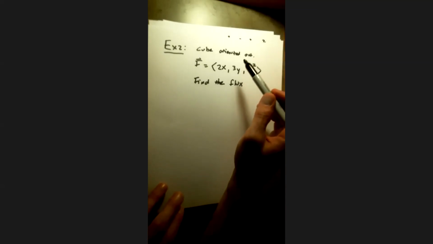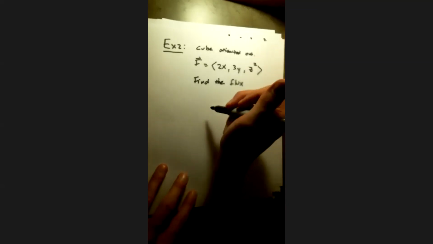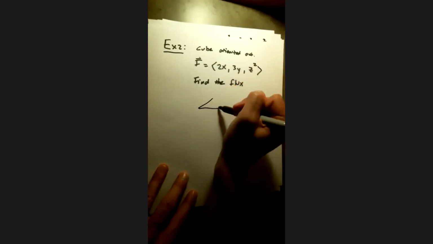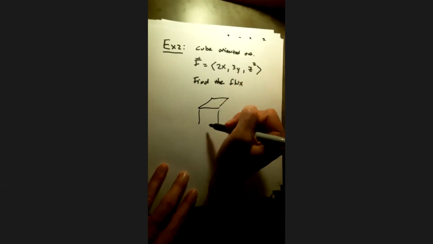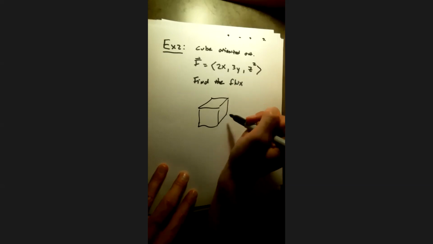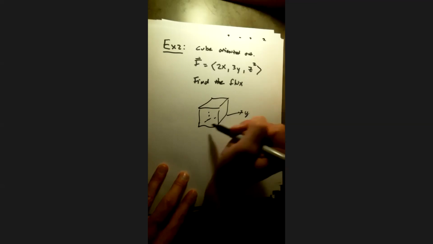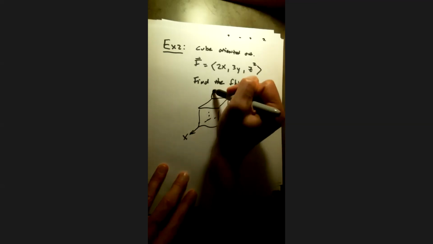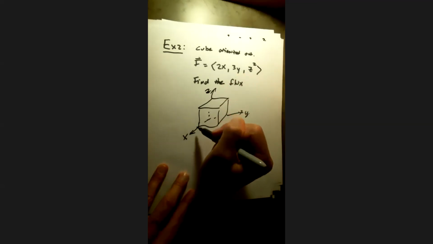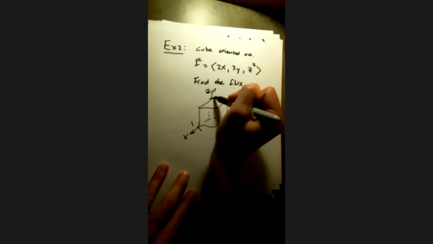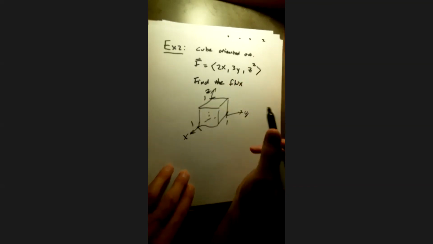It's in the first octant, and each of those side lengths is 1. Let me just draw the picture. Each of these lengths is 1. And we're trying to find the flux.